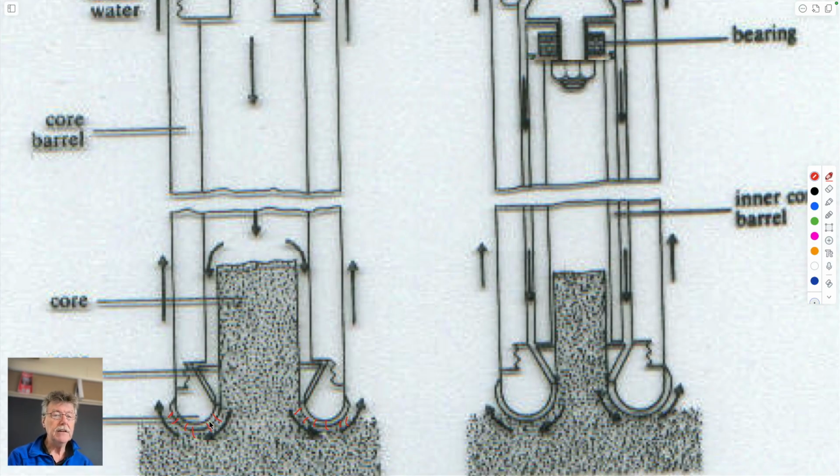But these cuttings, instead of being little chips the size of your finger nail, would be flour, because it's abrading it. It's basically rubbing it away. And so these would be the grain size of the material that you're cutting into. And then the fluid that hits it at this point brings these cuttings, rock flour, up to the surface.